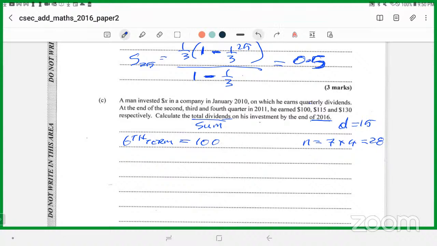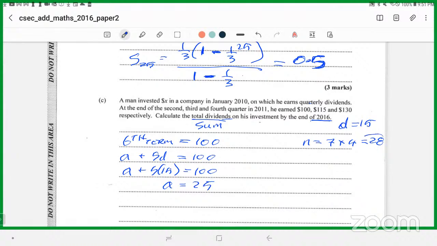The 6th term is a plus 5d. We know the d is 15, so I'm going to drop the 15 here. And so we get a plus 5 times 15 equals 100. Now this is 75, isn't it? And so subtract the 75, you get a equals 25.